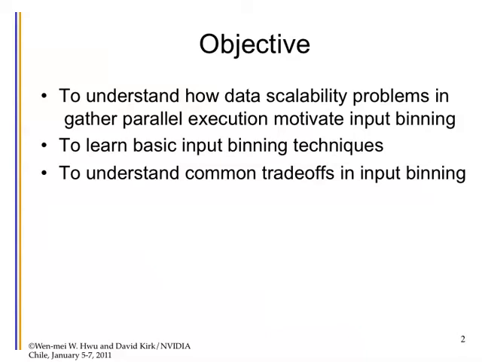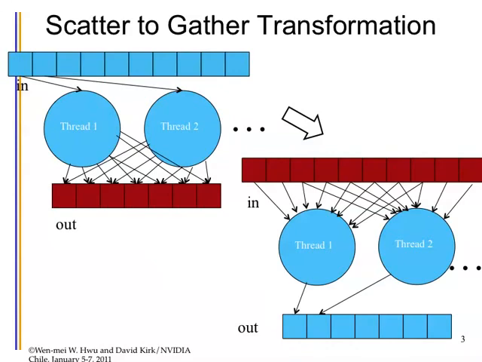I'd also like to give you some sense about what the common trade-offs are in input binning. Just quickly, we have talked about transforming the scatter-based approach to the gather-based approach. When you are in the gather-based approach, the most important issue is to efficiently figure out what are the input data subsets that are relevant to each output.